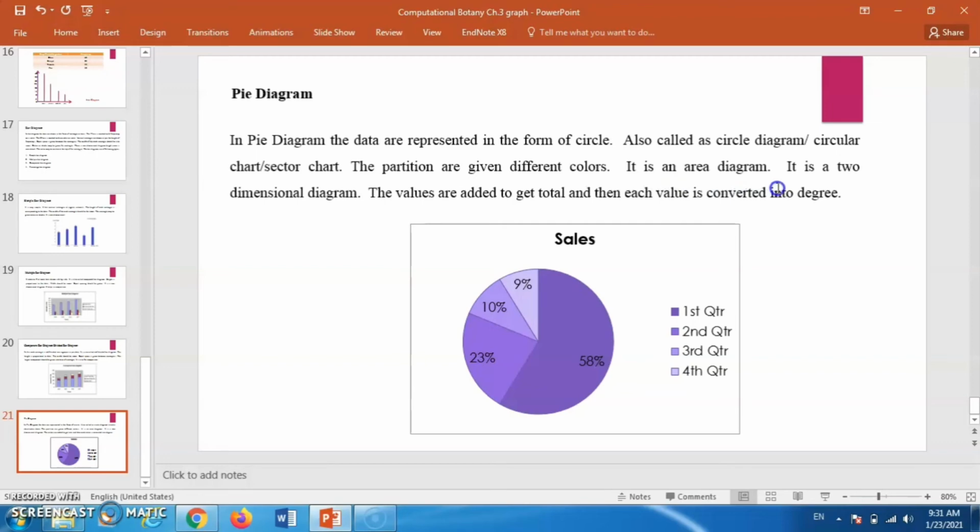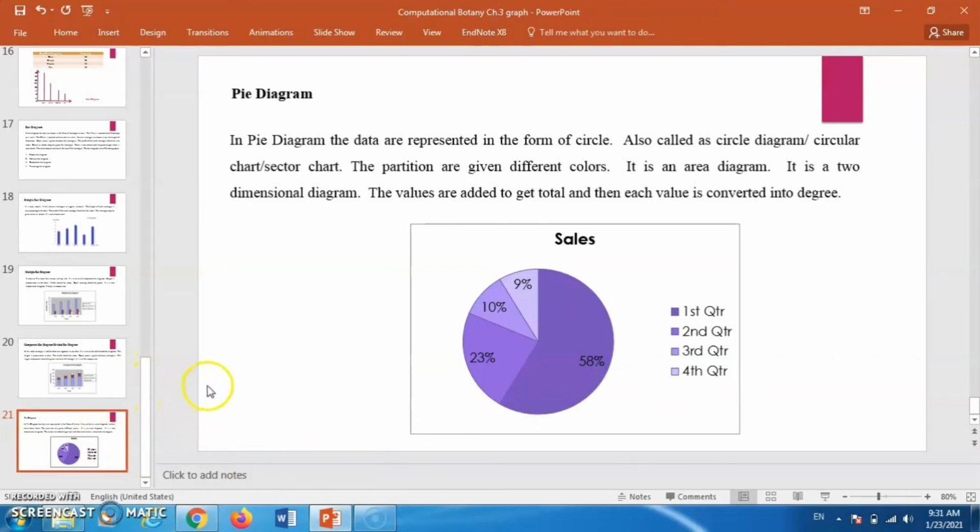It is an area diagram. It is a two-dimensional diagram. The values are added to get the total, and then each value is converted into degrees. So here is the diagrammatic example of a pie diagram or pie chart.